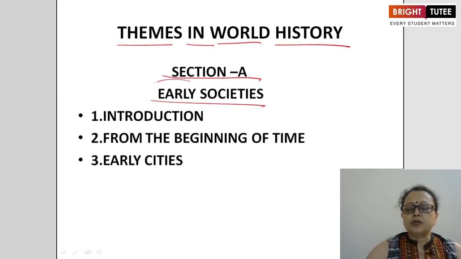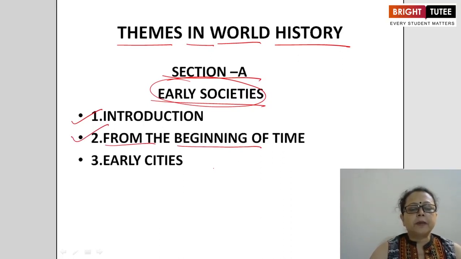Inside this early societies, first of all, we will have to discuss the introduction of this section. Second is from the beginning of time, the moment that the human appeared on the earth. What were the different forms, right from the ape till the Homo sapiens? We will have to discuss the entire thing inside this chapter.